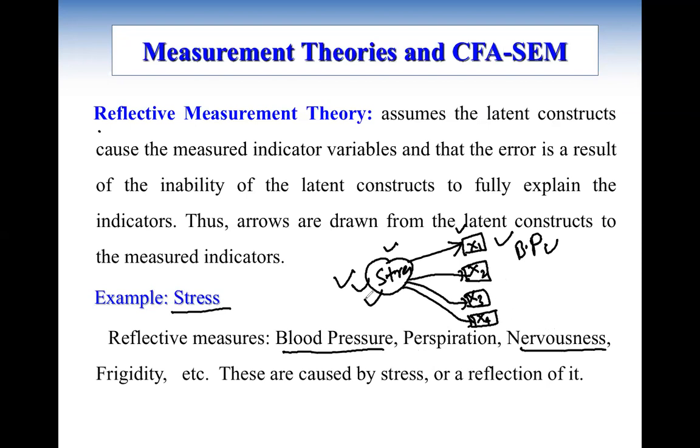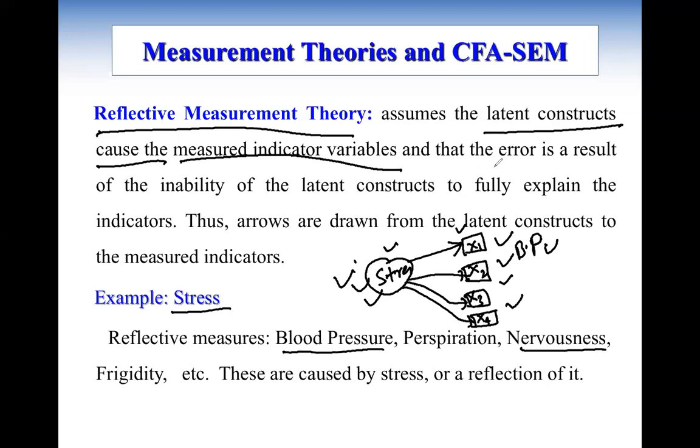Yes, stress. When the latent variable influences the indicators, it is known as the measurement model. The latent construct, stress, causes the measured variables x1, x2, x3, and the error is the result of the inability of the latent construct to fully explain them.